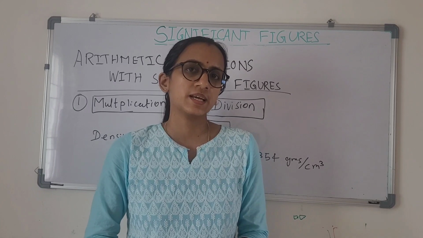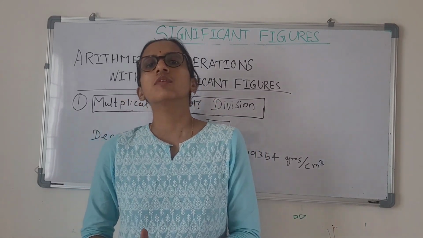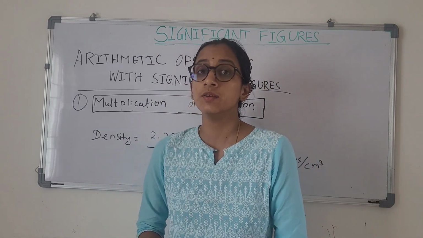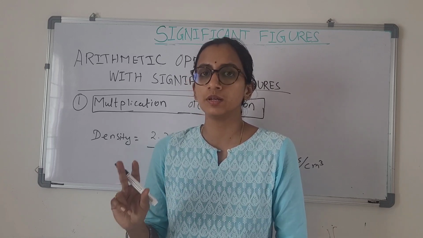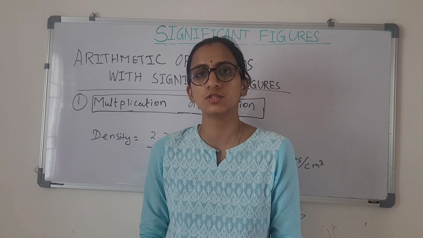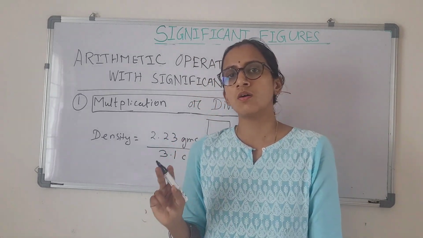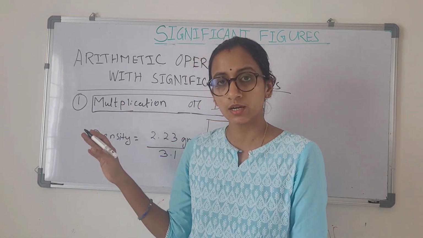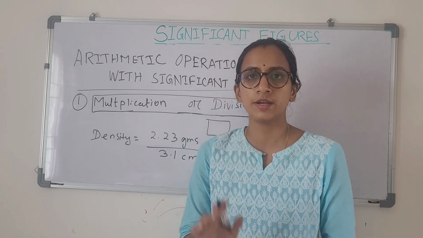Now we will see, while we are operating some arithmetic operations with our measurements, we have to keep in mind two laws which are applicable for arithmetic operations like multiplication, subtraction, addition and division. Basically, one law is applicable for both multiplication and division, and another law is applicable for subtraction and addition.